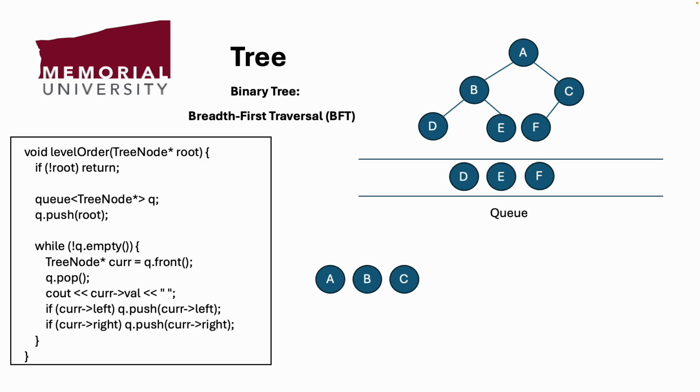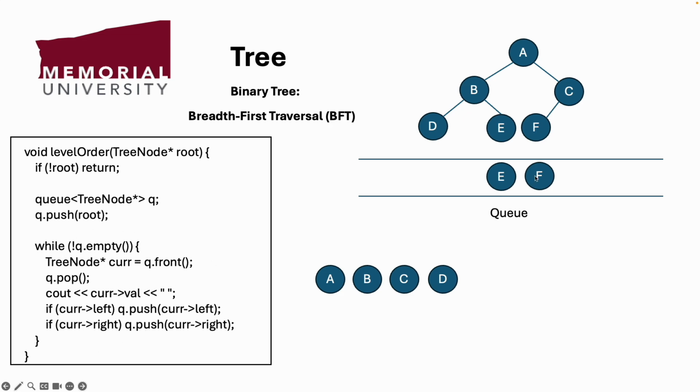The while loop keeps going. Now the current node points to the front node of the Q, which is D. We pop D and display it here, right? D is a leaf node, it has no children, no left and right child. So this code now applies to the node D. Since the Q is not empty, the while loop keeps going.